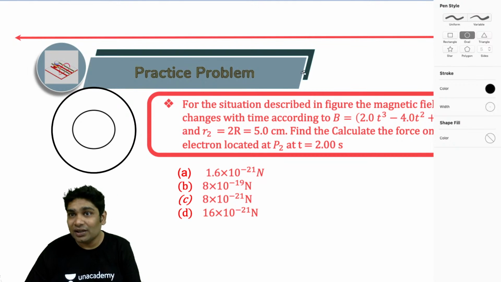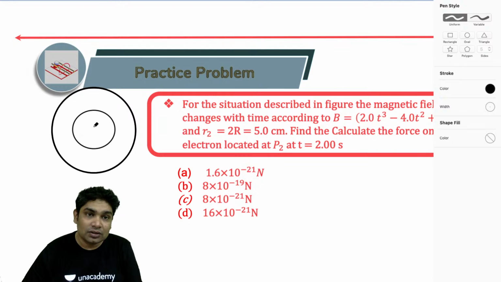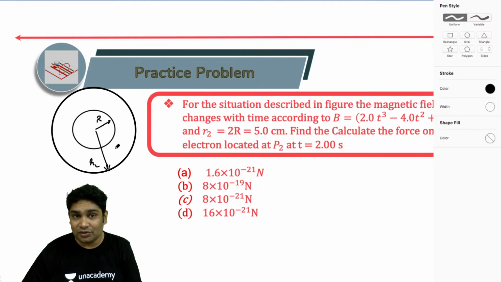I think this is what they mean to ask. So this is R, and this probably is R2, which is equal to 2R, and point P2 lies somewhere here.